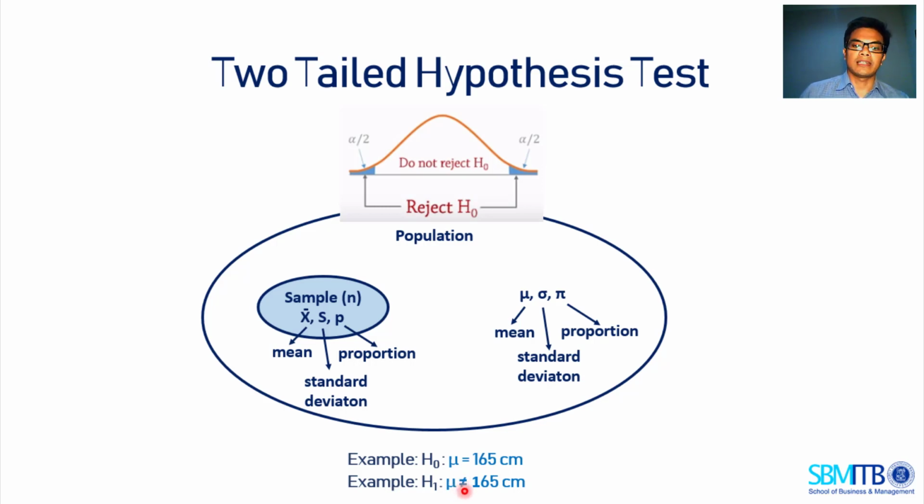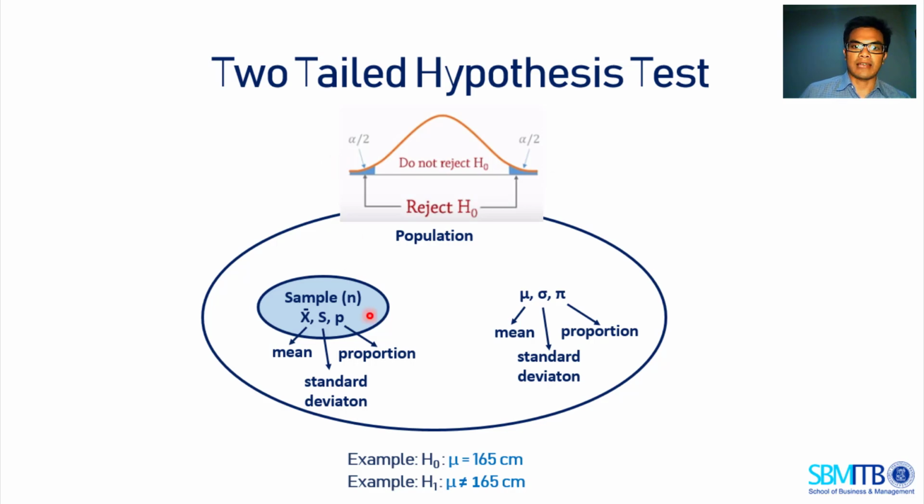This means it is not precisely defined whether the sample's mean will be greater or smaller than the population's mean. It's just the inequality sign, which means that the level of significance, or the error that we are choosing, has to be divided into two directions, the right side and the left side.